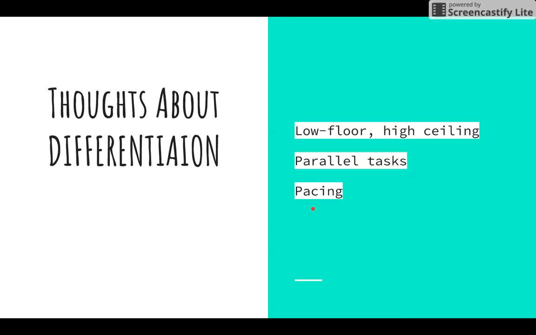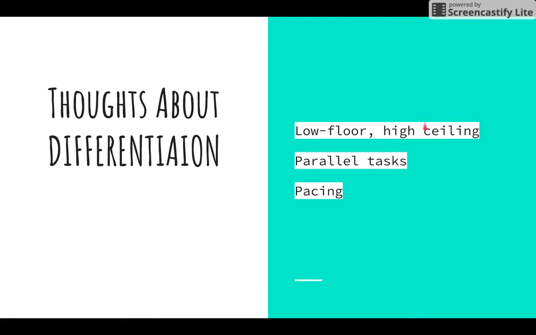In terms of differentiation, those tasks showed an example of the low floor, high ceiling tasks that a lot of us are very used to from BTR Mathland. The element of parallel tasks is also interesting, thinking about how do I construct problems that set up the differentiation between different groups.